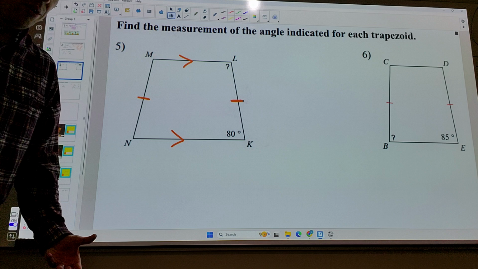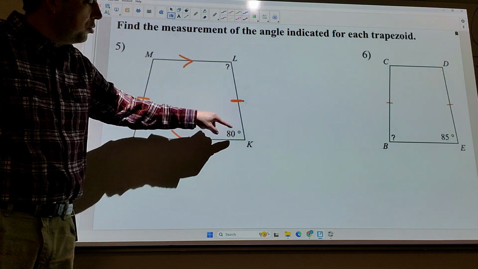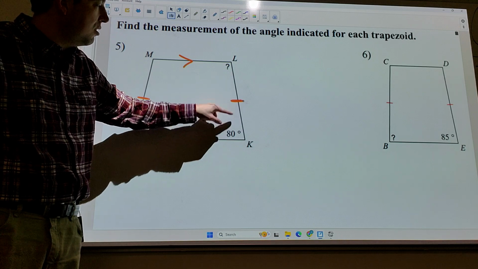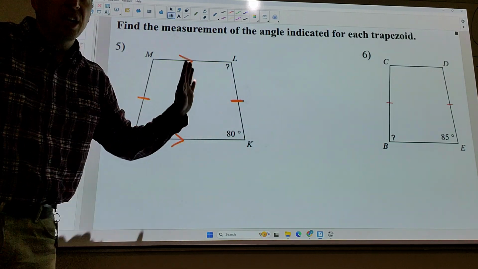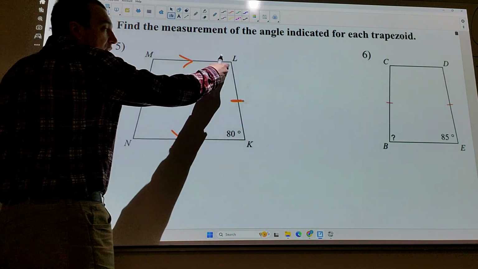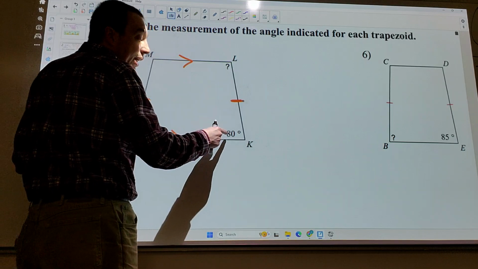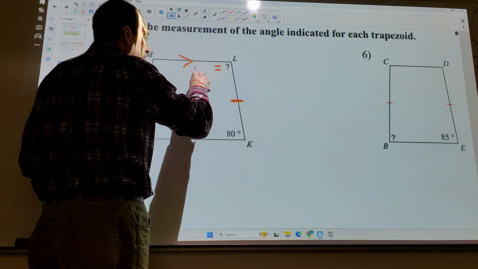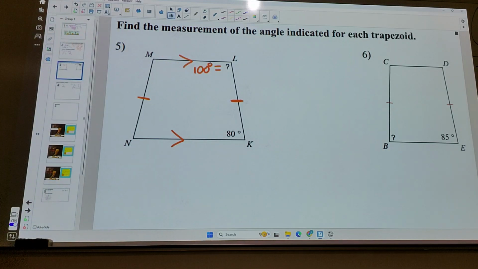As I said before, for any trapezoid, these two same side interior angles always add up to 180, no matter if it's an isosceles trapezoid or not. So this is really nothing new. We just did it on the previous slide. 180 minus 80 equals 100. So 100 degrees.